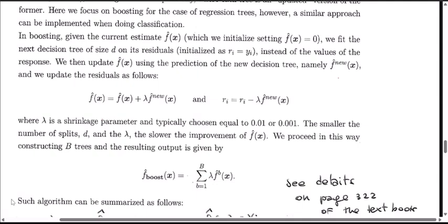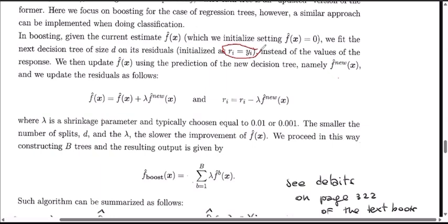Of course, what is the residual? The difference between the actual and the predicted. So right now, instead of using the response, we are using the residual. That was why I said we fit the next tree of size d on its residual.